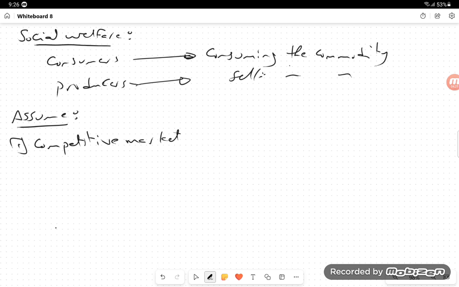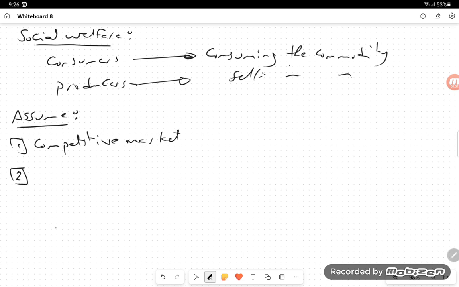Products are homogeneous or identical to each other. No barriers to enter or exit the market. Free availability of information. So the market for coal is a competitive market.